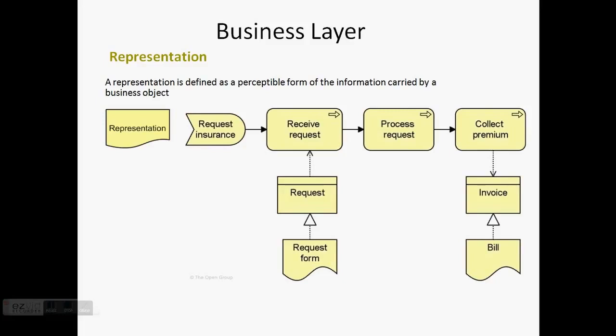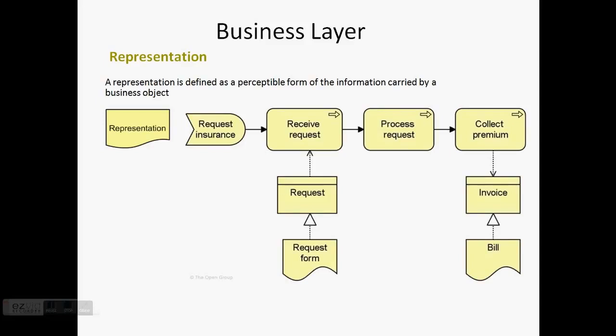If relevant, representations can be classified in various ways, for example in terms of medium: electronic, paper, audio, and so on, or in a format such as HTML, PDF, RTF, etc. A single business object can have a number of different representations.